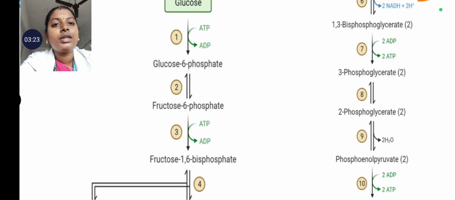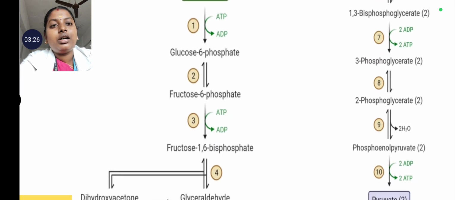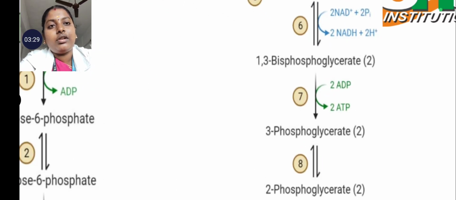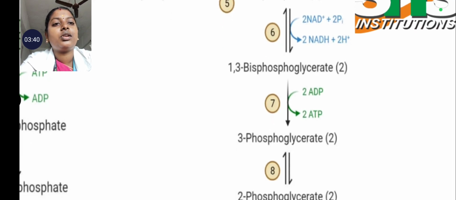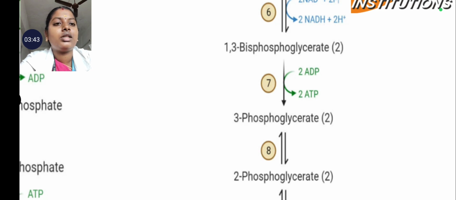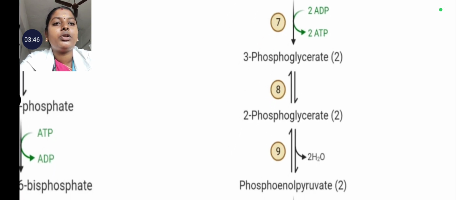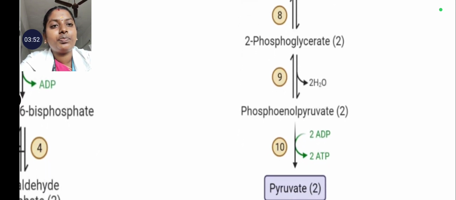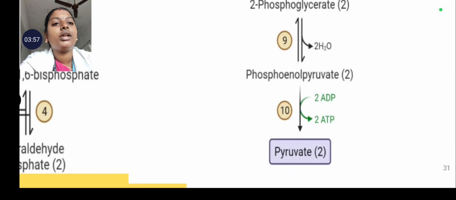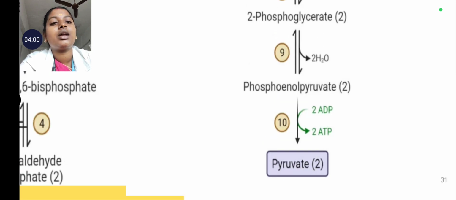So these are the energy investment phase, and these are the energy generating phase, where 2 NAD+ and 2 Pi give 2 NADH plus 2H+. 1,3-bisphosphoglycerate is converted into 3-phosphoglycerate, and 3-phosphoglycerate is converted into 2-phosphoglycerate, wherein a water molecule leaves. Then 2-phosphoglycerate is converted into phosphoenolpyruvate, and phosphoenolpyruvate is converted into pyruvate, 2 molecules of pyruvate.